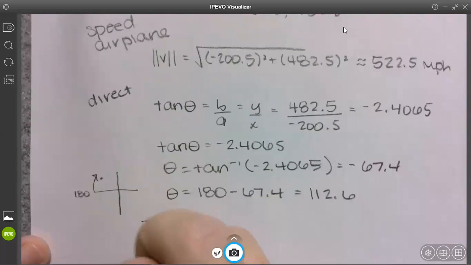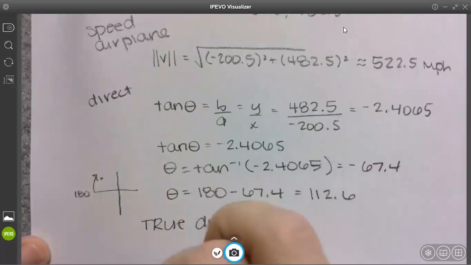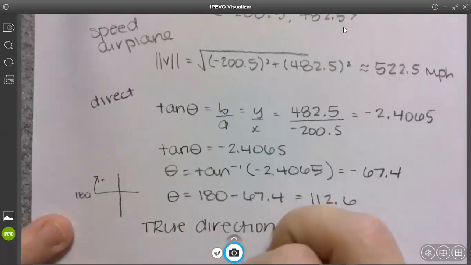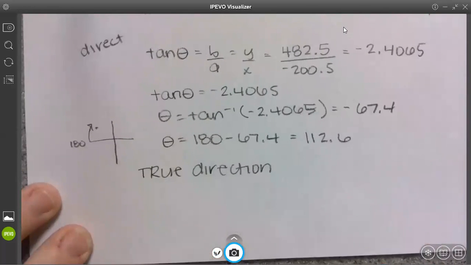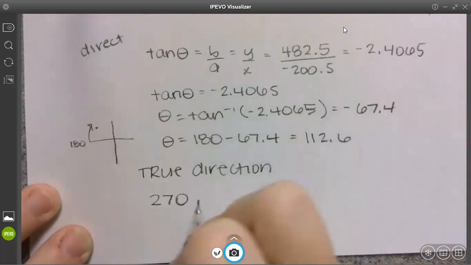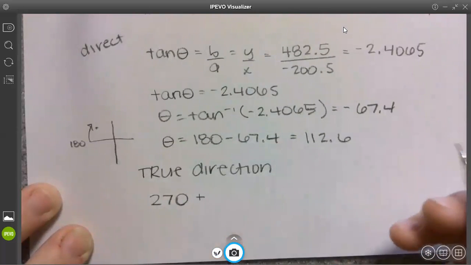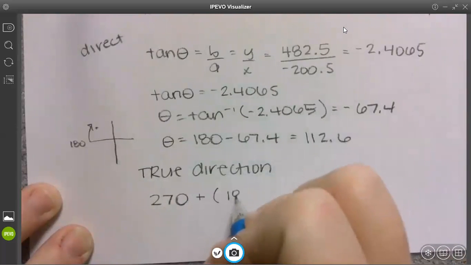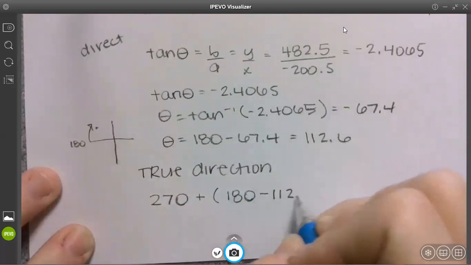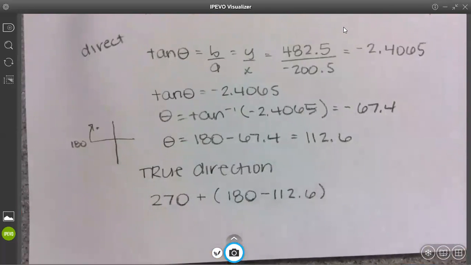However, your true direction is going to be 270 plus 180 minus 112.6.